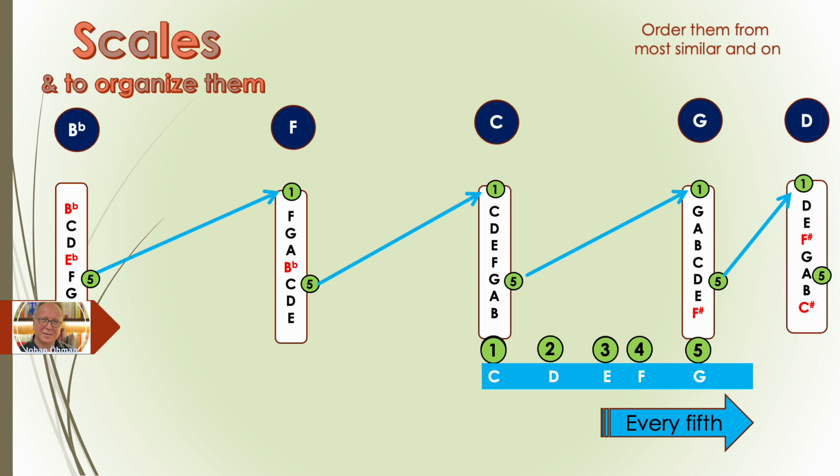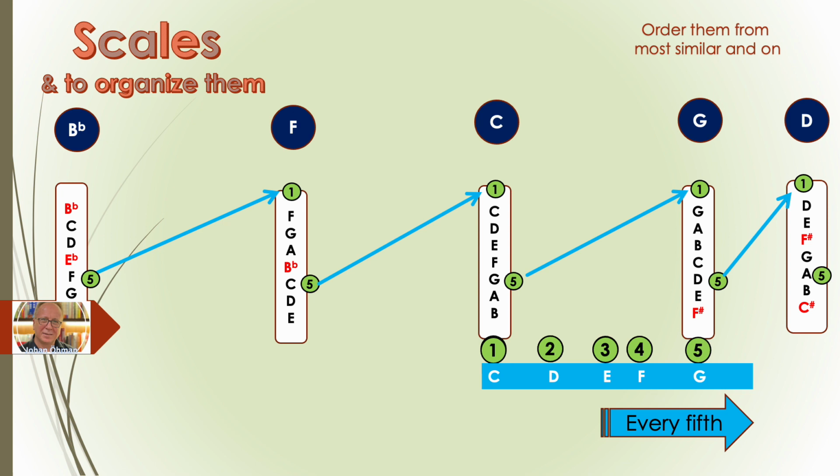If we continue and do it all over again with the G major scale, the 5th note in the G scale is D, so next to the G major scale we have the D major scale. If we do it again with the D major scale, the 5th note there is an A, so next to the D major scale would be A major. That's outside the slide though.